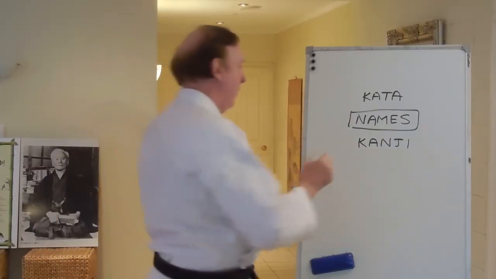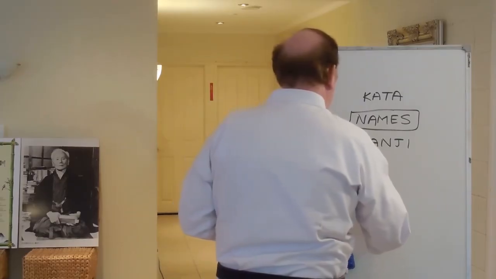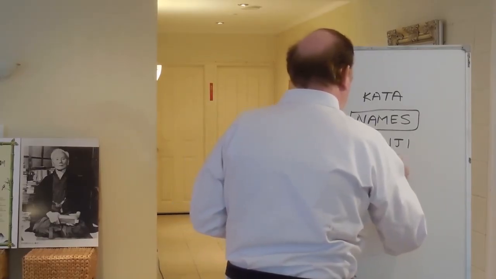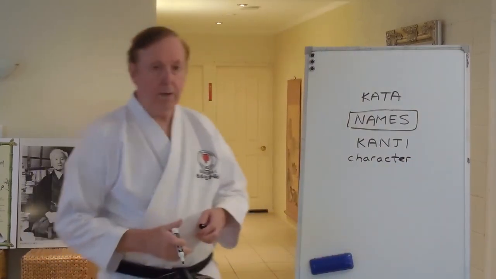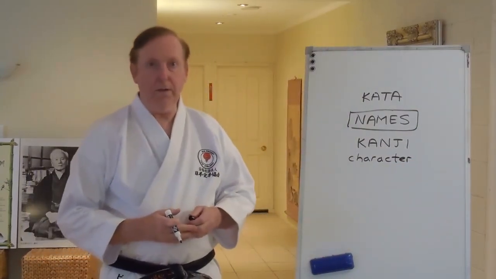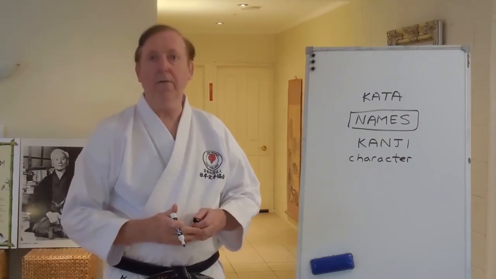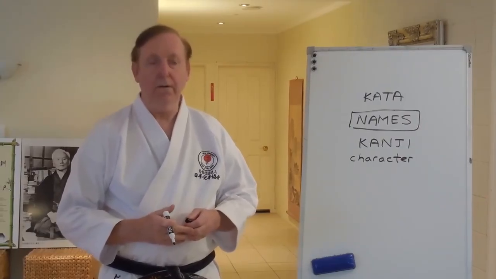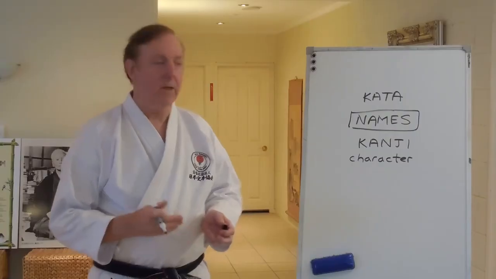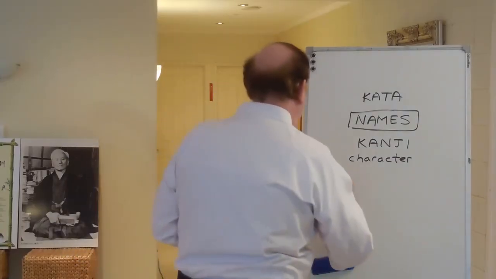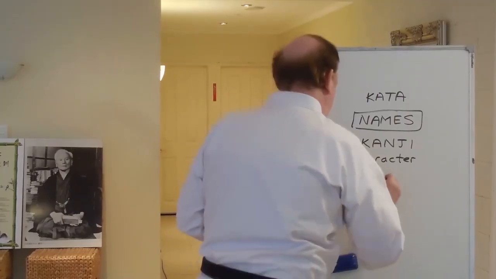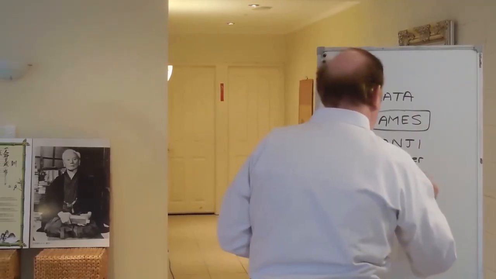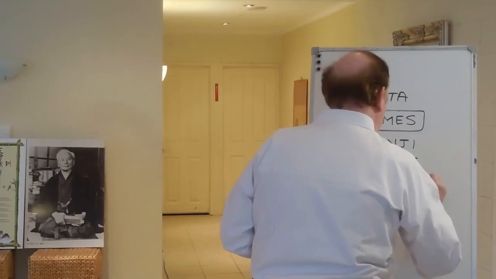Kanji can be translated as a character, and for the Japanese kanji, the origin of the kanji is usually from a Chinese word. So the Chinese word is the origin. So we can put over on this side Chinese, and on this side we have Japanese.